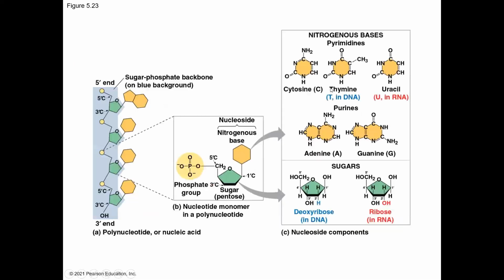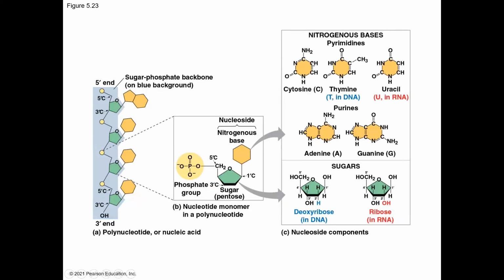This shows the chemical structure of a polynucleotide, one side of a DNA molecule. Each nucleotide is composed of a phosphate group, a pentose sugar, and a nitrogenous base. Depending on what it is, the nitrogenous bases can be different.